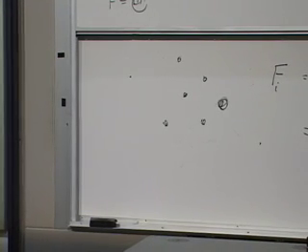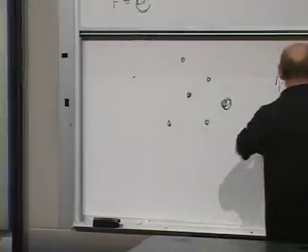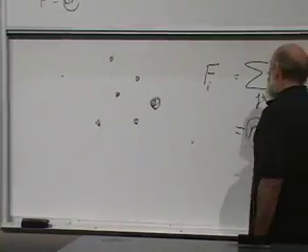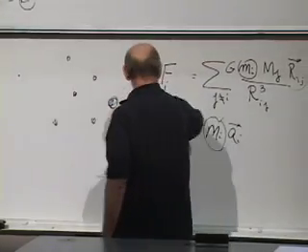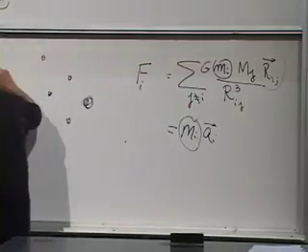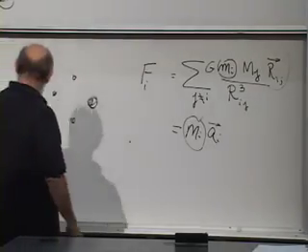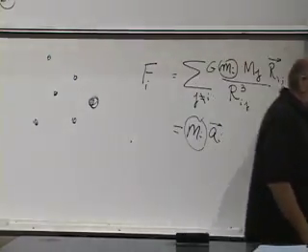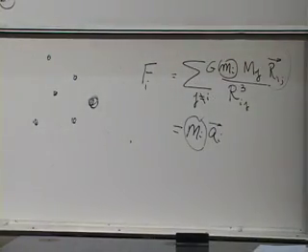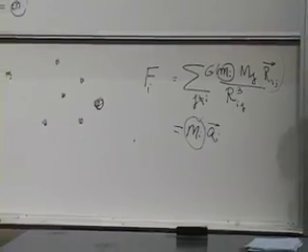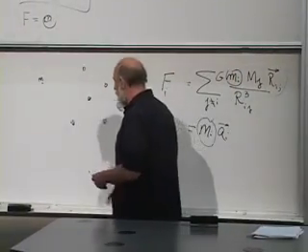The force is the sum of the force due to all the others. Each term is proportional to the mass of this extra particle. This extra particle, which may be imaginary, is called a test particle. It's a thing that you're imagining testing out the gravitational field with.